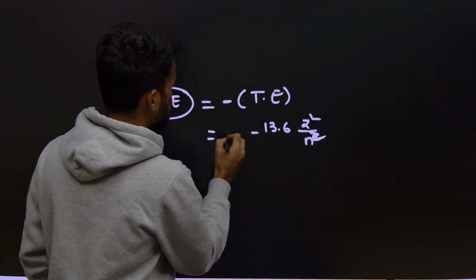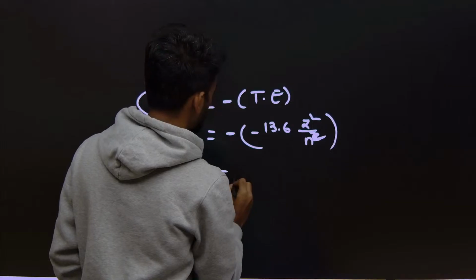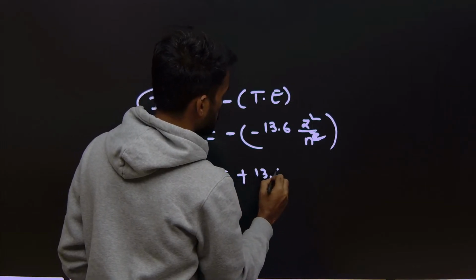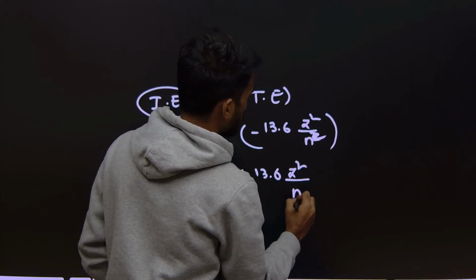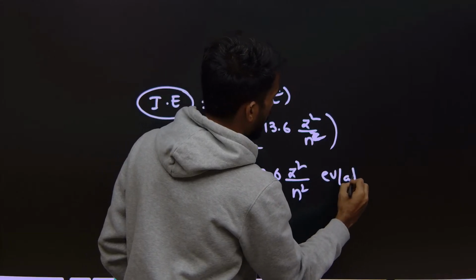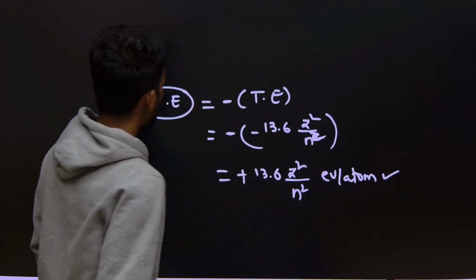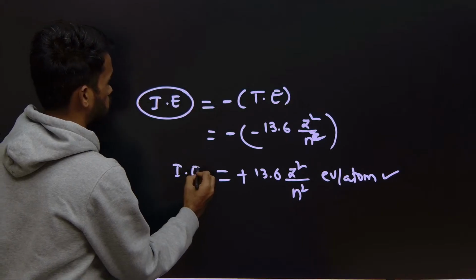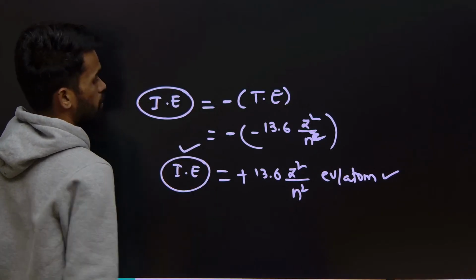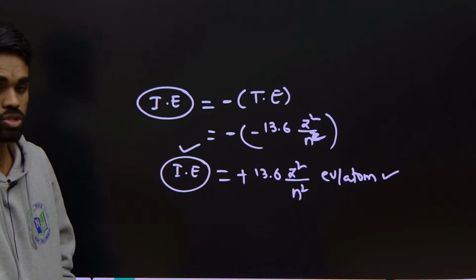Apply negative to that, so it becomes positive 13.6 z square by n square electron volt per atom. This is the formula for finding ionization energy. Use this formula and you will get the ionization energy based questions also.